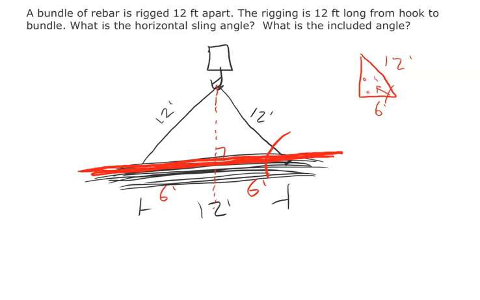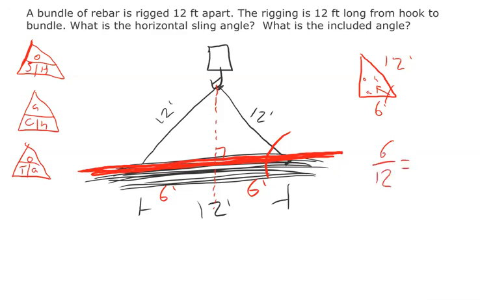We've got adjacent and hypotenuse, which, if I do SOH CAH TOA, I see that it is cosine, and it is adjacent over hypotenuse, 6 over 12 equals. I'm trying to find the angle, so it's second function cosine button, right?